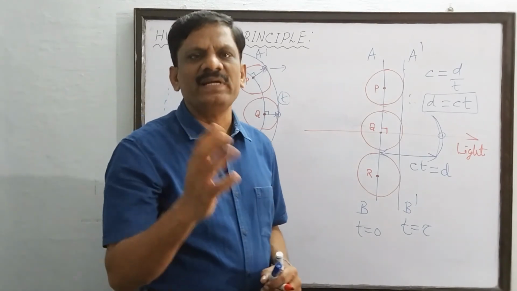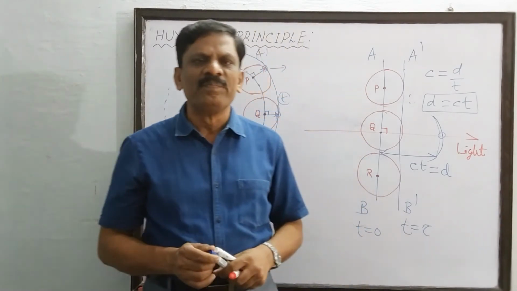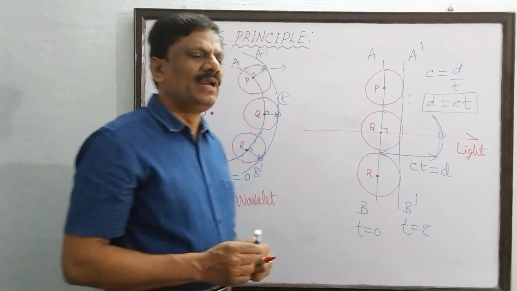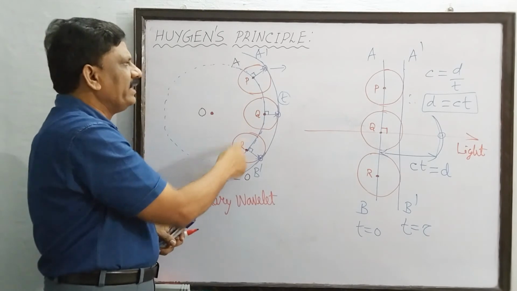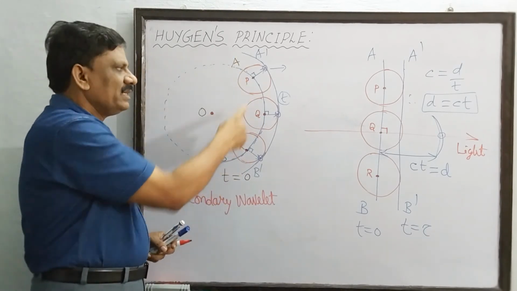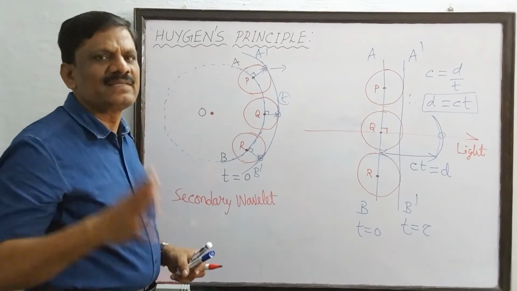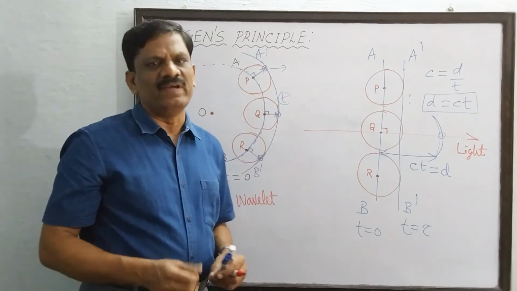So to summarize, my dear students, what does the Huygens principle mean? You will have to write it in 2 points. According to Huygens principle, the first point says that every point on a given wavefront behaves like a source of light and it emits secondary wavelets.